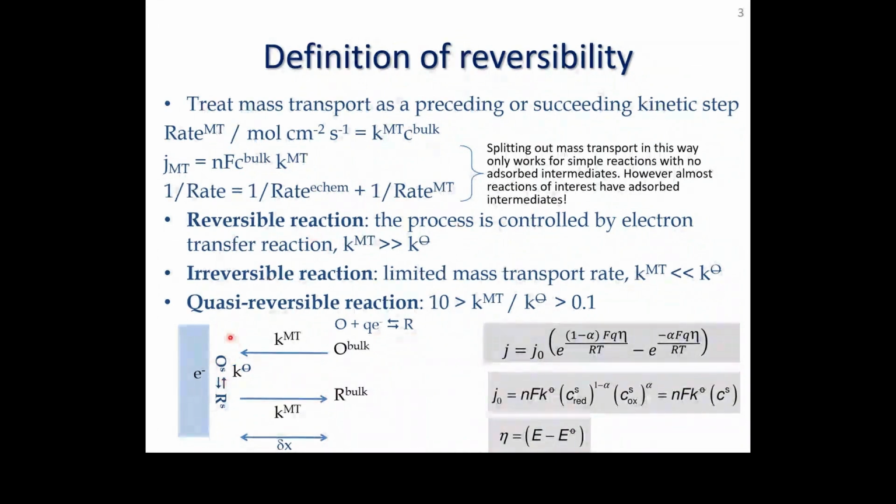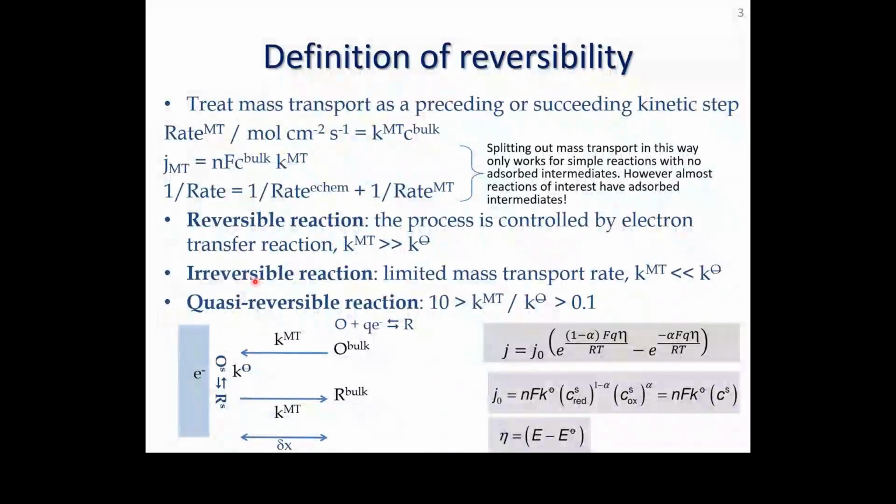And what that means is that the concentrations of O and R at the electrode surface always follow the Nernstian, or the expected Nernstian concentrations or activities for the process. That is that this process always replaces any O that gets consumed, it is always very quickly replaced by O from the bulk of the reactant, and vice versa.